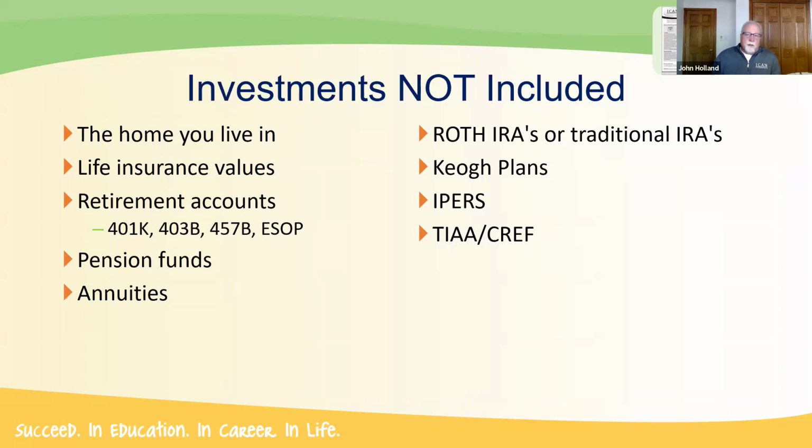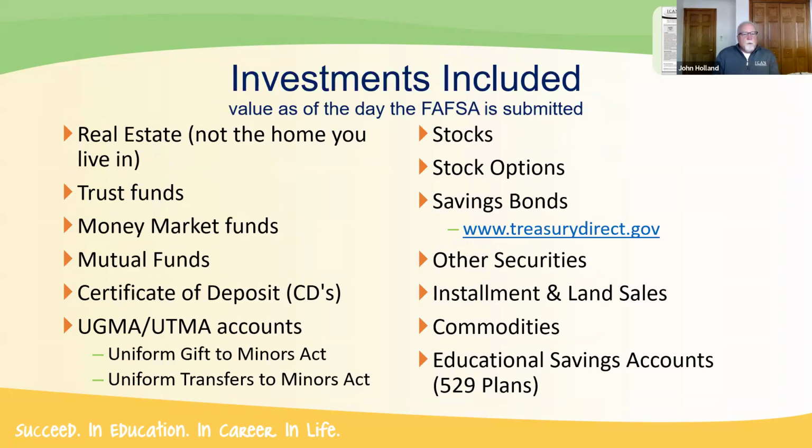So what is to be included as an investment? Well, if you own any other stocks, bonds, CDs, mutual funds, money market funds, trust funds, again, that are not in retirement. If you own a second home or other real estate, that would be included. They want the net worth of that, which would be the value minus any debt. If you as a parent own a 529 plan for the student that's applying for aid, that would be included as an investment.